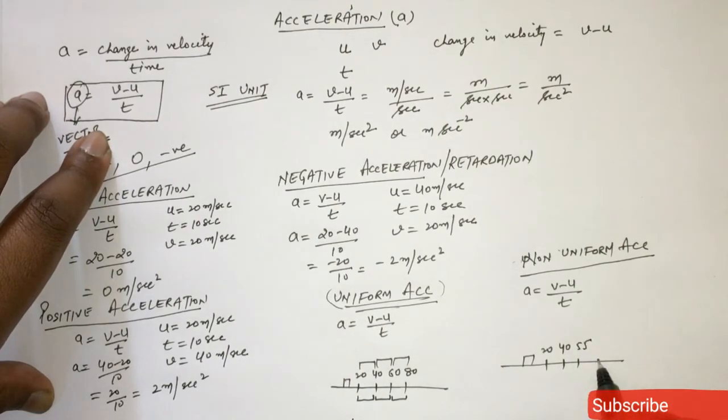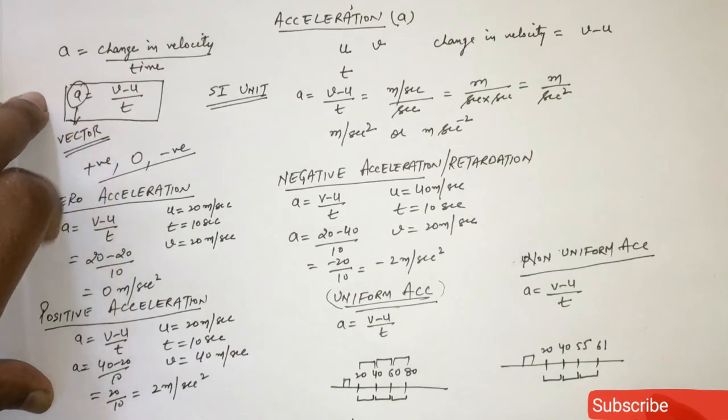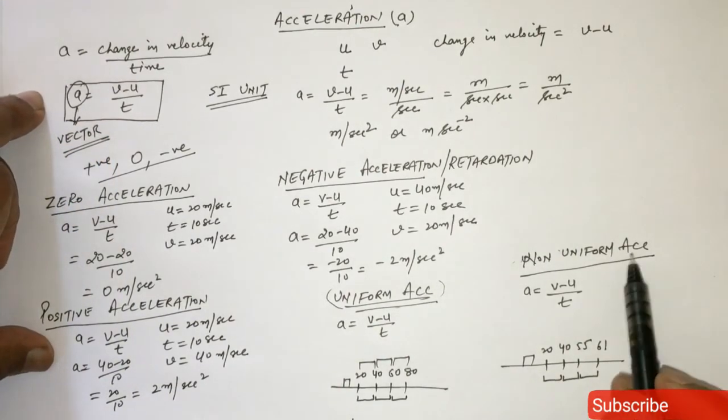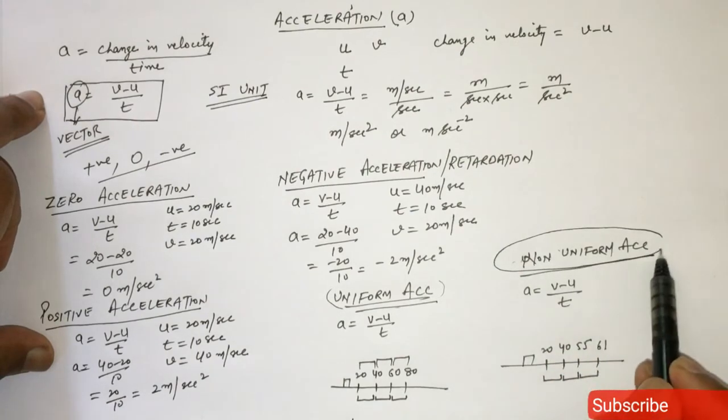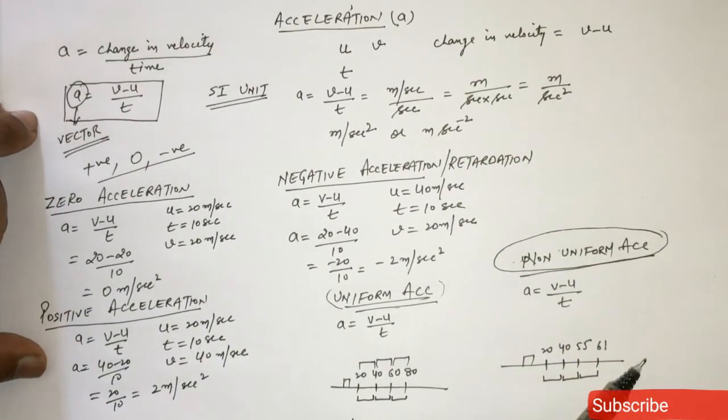In next 10 seconds, its velocity becomes 61. So look, the velocity changes are not equal in equal intervals of time. So if the body does not change its velocity equally in equal intervals of time, then we can say the acceleration is non-uniform acceleration. Clear?